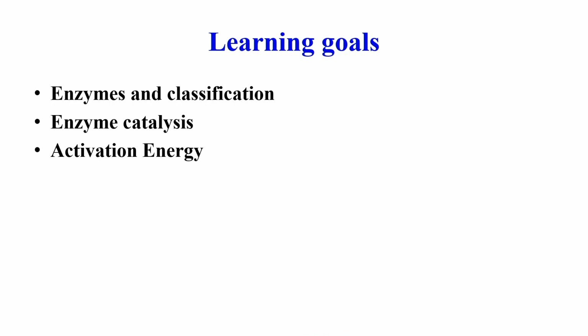So as we know, in bioprocess there are two biological agents, they may be cells or enzymes. So in this module we are basically going to focus on enzymes. So in this lecture we will be discussing the basics of enzymes, their classification and nomenclature, then how enzyme works as a catalyst, followed by how it lowers the activation energy and how we should be able to calculate it.